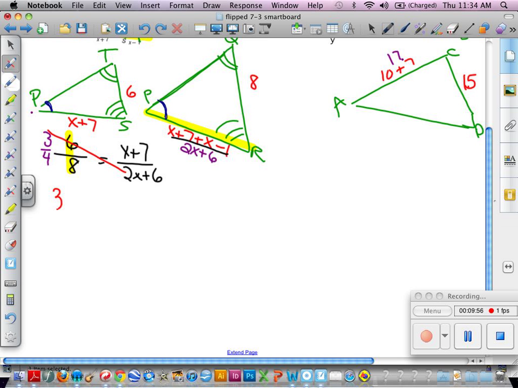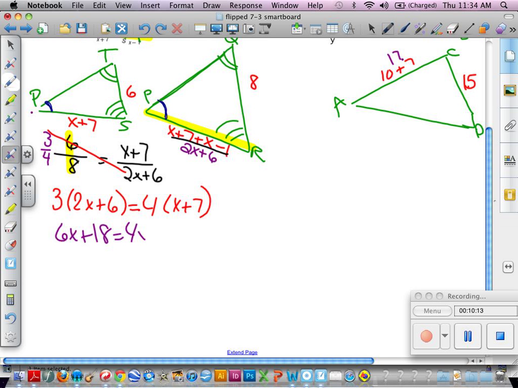Now cross multiply. 3 times 2x plus 6 equals 4 times x plus 7. We've got 6x plus 18 equals 4x plus 28. You're doing the algebra. Get your like terms together. That's going to get you your 2x equals 10. X is 5.